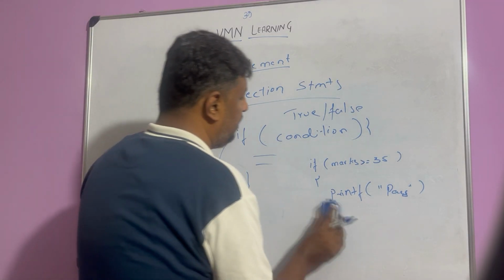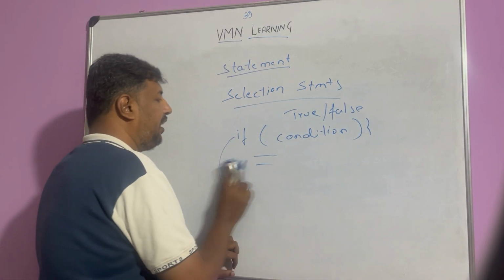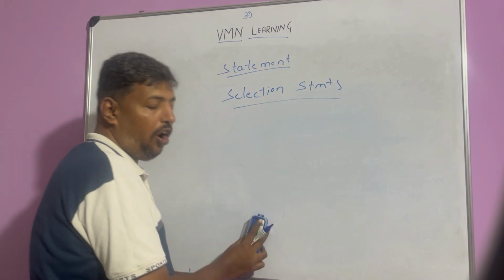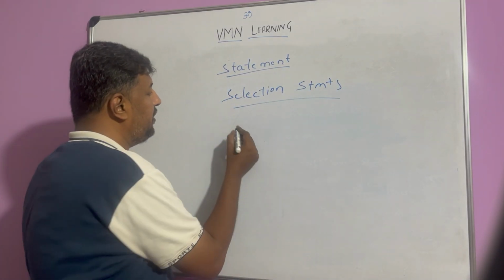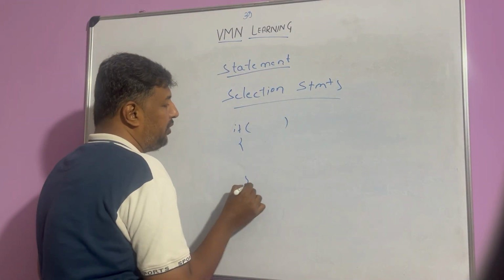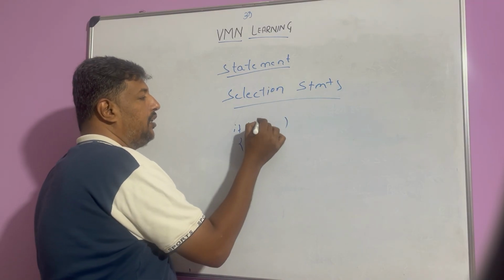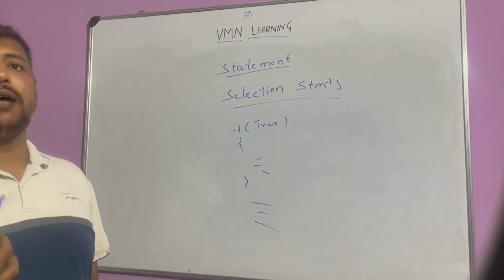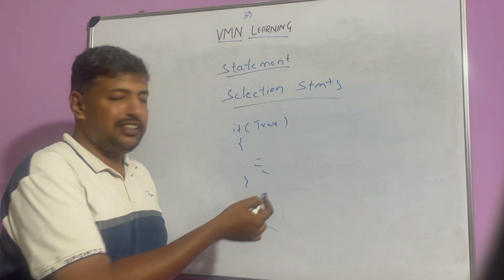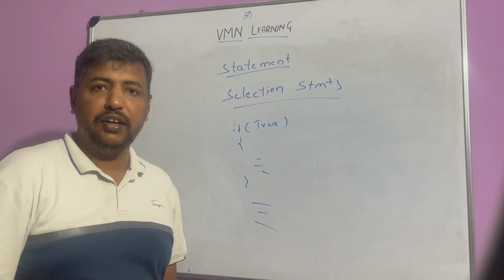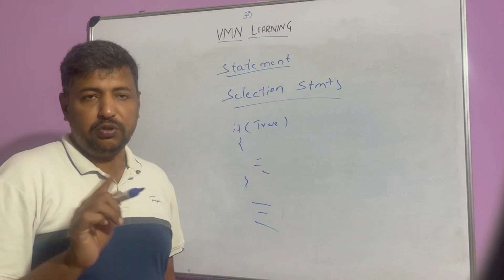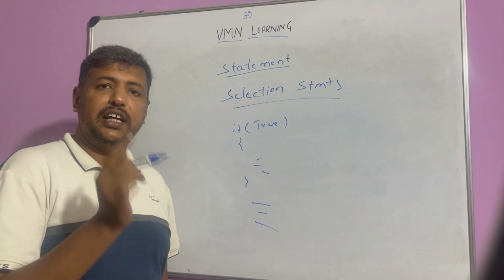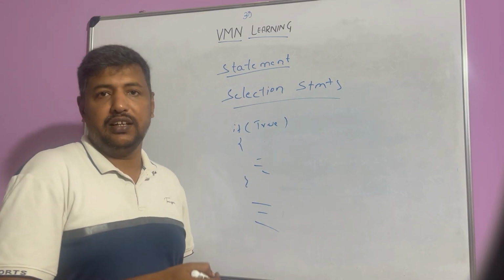With if, we always see that sometimes there will be an else condition. Do this or else do this. With this if, we said whether it is true, then if it is true, execute, or else go there and execute. Consider our last example: if marks is greater than 35, say 40 marks, we say pass, else we have to say fail, right?